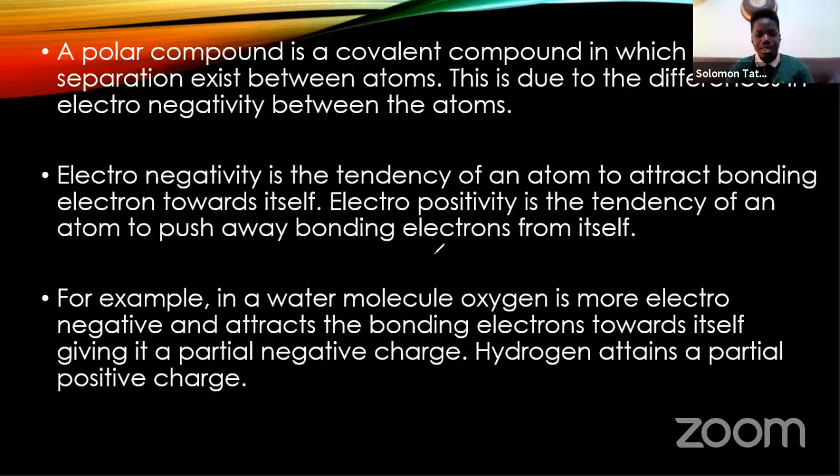In the oxygen atom, there is a lot of nuclear attraction, meaning the nucleus of oxygen is capable of attracting its bonding electrons towards the nucleus. The bonding electrons are the ones found in the outermost shell. So this makes it more electronegative.